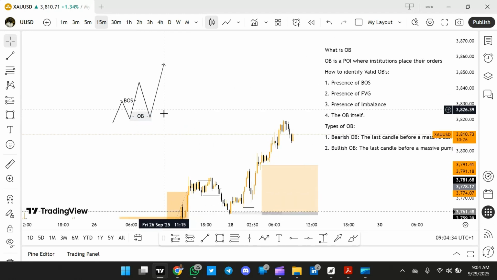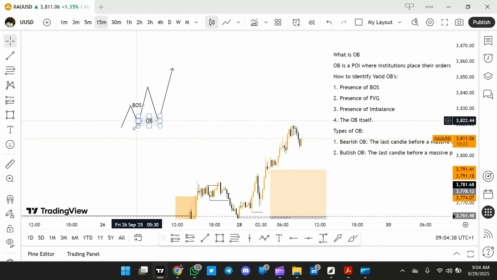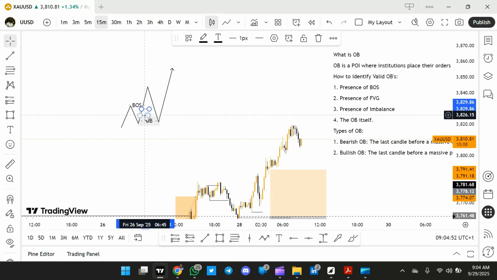And then the FVG is the space, the gap between the OB and the candlestick adjacent to it. So this gap here is what is referred to as a fair value gap, and the imbalance is the strong move, or the impulsive move, after the OB.